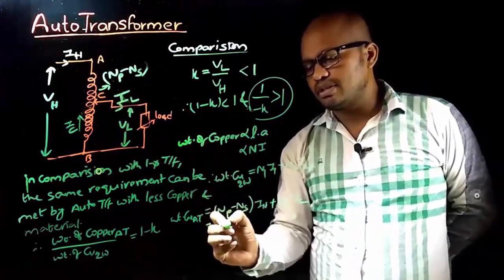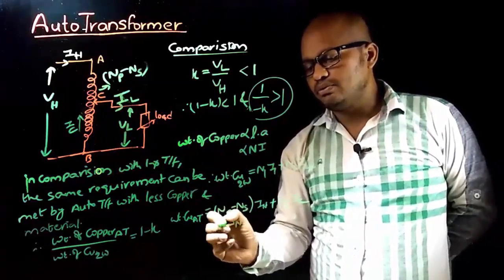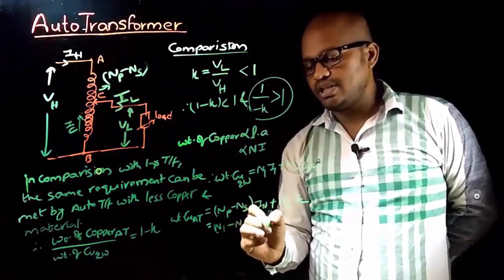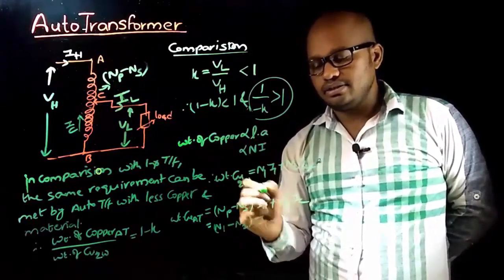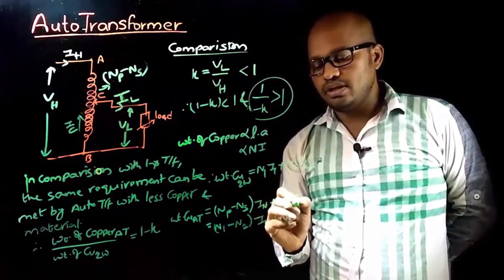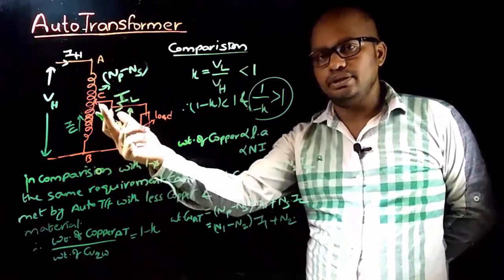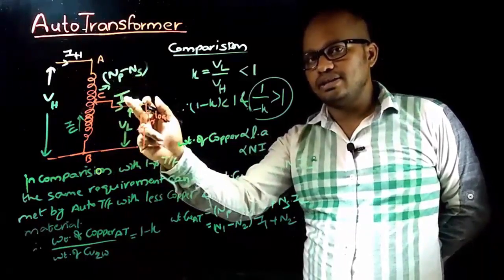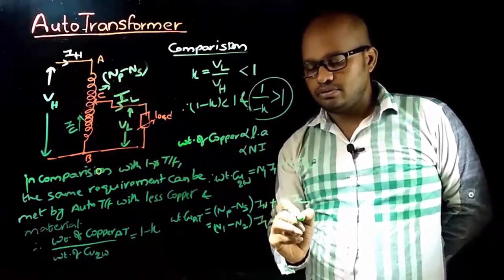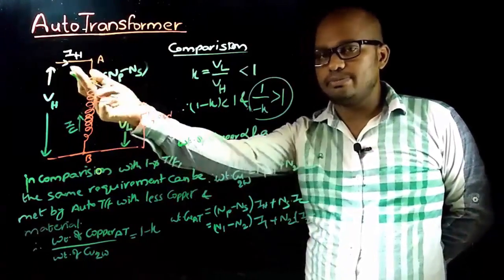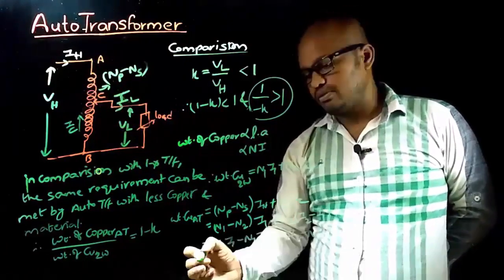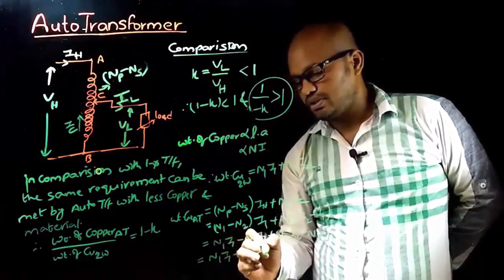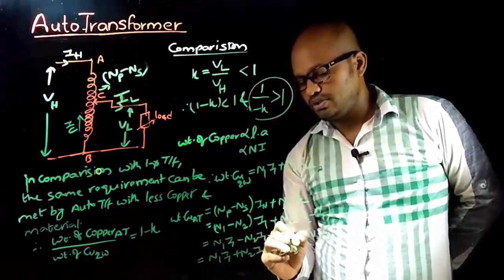Here Np means N1, Ns is N2, and IH means the primary current, so let us take it as I1. IC is the current flowing through the common winding, which is equal to IL minus IH, where IL is the secondary current, so I2 minus I1. So that is equal to N1 I1 plus N2 I2 minus 2 N2 I1.